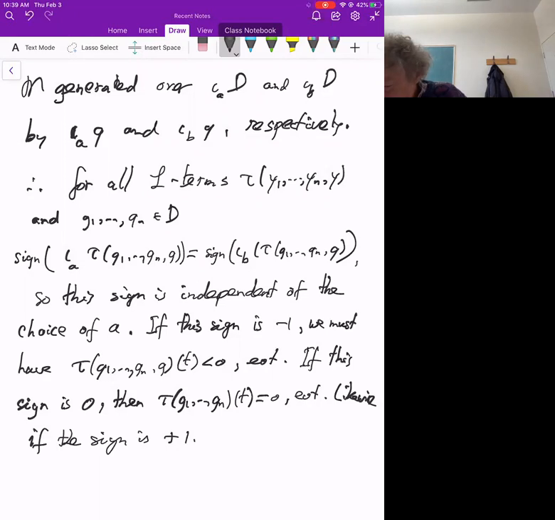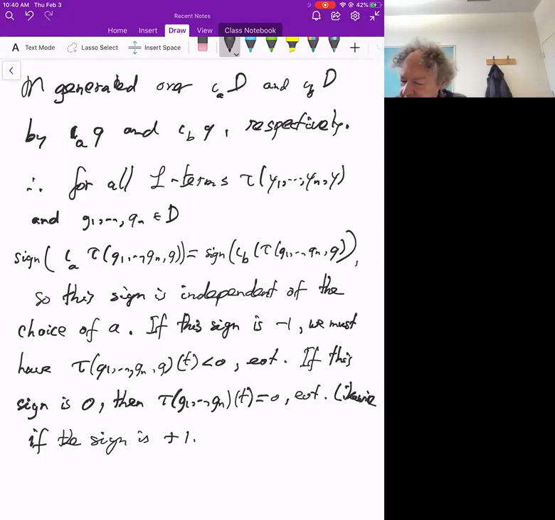The sign is independent of the choice of A. And if it's -1, you must have this because, well, I guess you could say we use here saturation, in the sense that if tau G1 up to Gn comma G of t is not less than 0 for arbitrarily large t, that means that by saturation there must be elements A bigger than R for which tau G1 up to Gn comma G evaluated at A is also not less than 0.